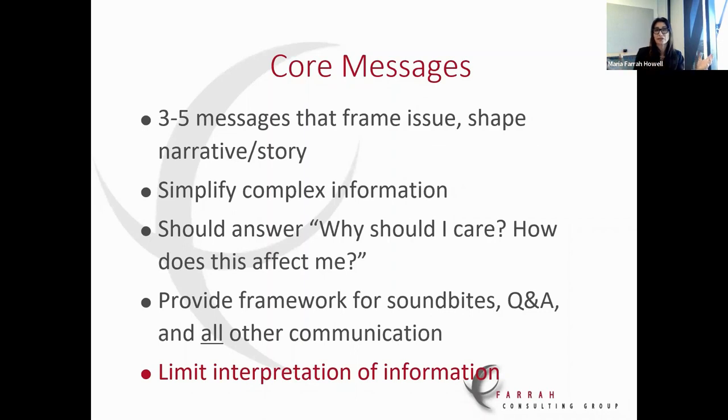Any kind of discussion about, for example, a book challenge is answered in the same way across platforms. The biggest thing is it limits interpretation. You don't want people not being completely clear about how you feel about the current rash of book challenges, right? You don't want ambiguity. So having only 3 to 5 messages that frame that issue, that's how you get rid of ambiguity, okay?